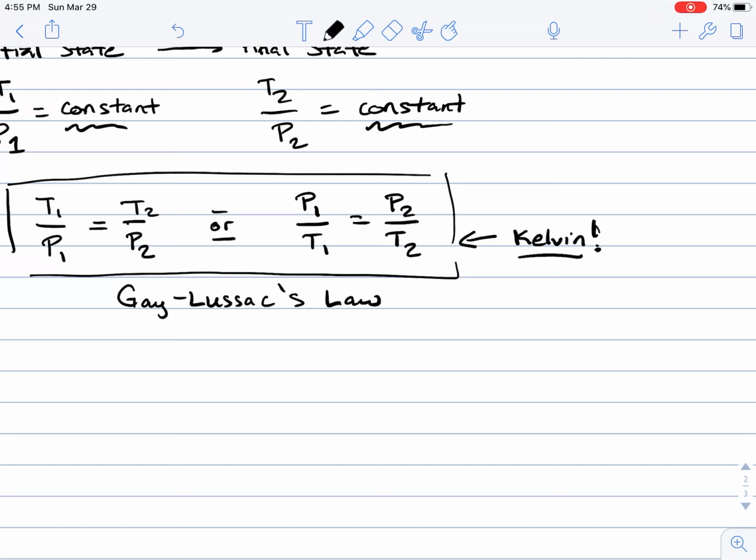And so when we're looking at pressure, there's not a specific pressure unit you must conform to before you plug your numbers into the equation. You just need to make sure that all pressure units are the same on both sides of the equation, or both sides of the equal sign.